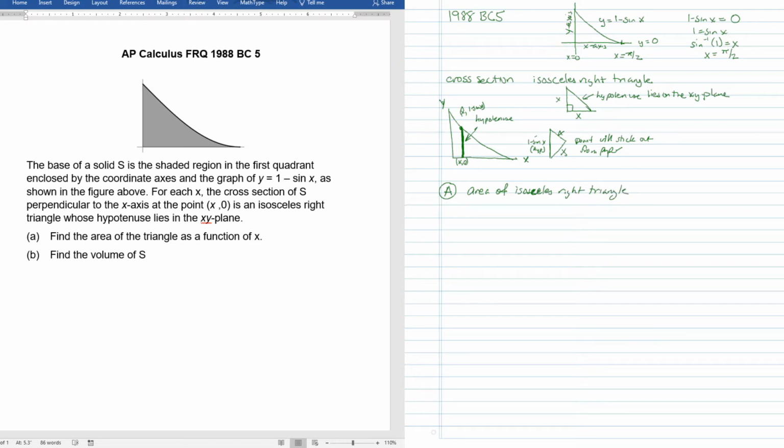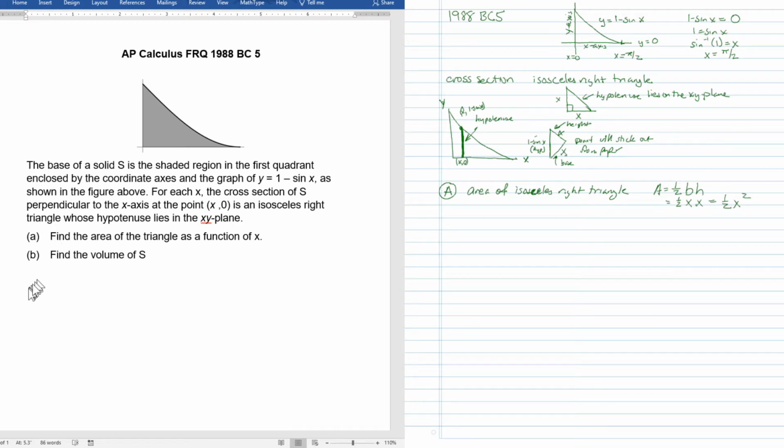Since the area of any triangle can be computed as 1/2 base times height, I need to be able to plug in bases and heights. Since this could be the base, and this could be representing the height, the area of this triangle is going to be 1/2 times x, since the base and the height are the same, so 1/2 x squared.